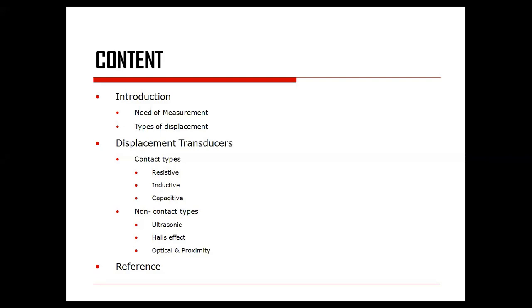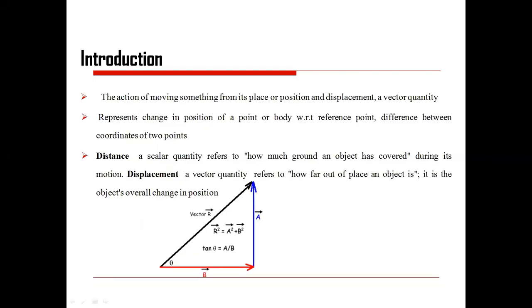Okay, now we will go thoroughly into the measurement of displacement. Here, whatever concept I have elaborated in the previous description has been presented in written form. The action of moving something from its place or position, that is displacement, a vector quantity.